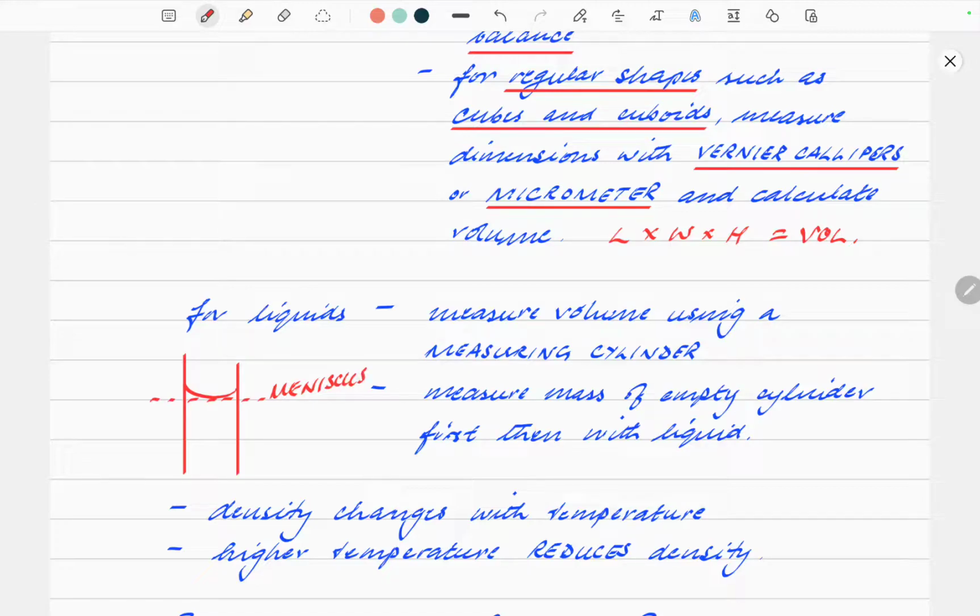That's an extra mark for you in a practical write-up: you get the word meniscus in there, to avoid error. Then measure the mass of an empty cylinder, which is effectively zeroing the mass balance, and then measure with the liquid. The difference is going to equal the mass of the liquid.